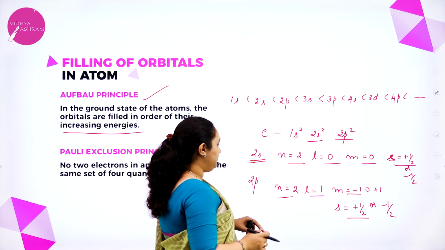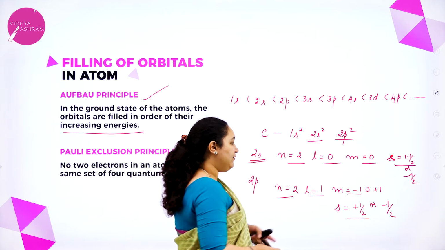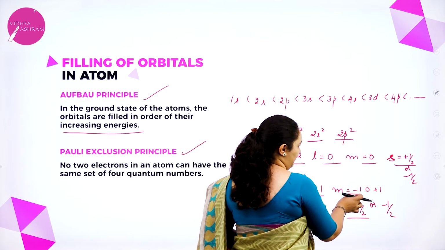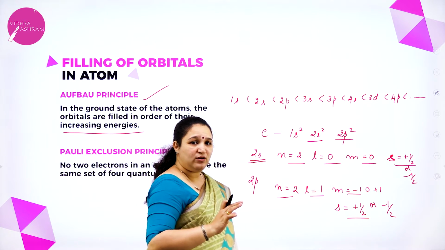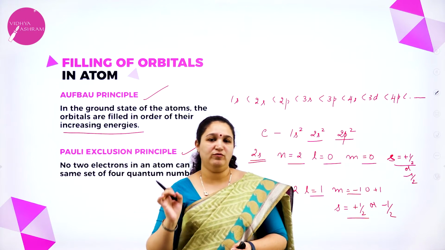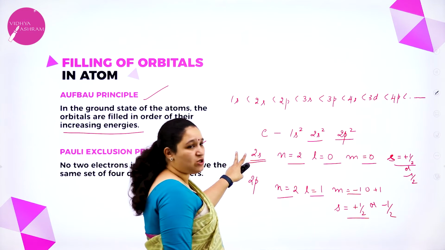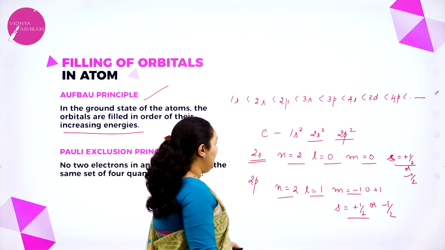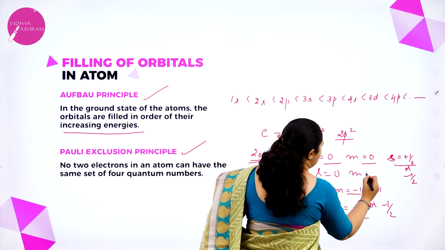If you see here, even if the n values are the same, the l values differ. Even if I consider the m value to be the same, then the s value will differ. So no 2 electrons in an atom can have the same set of quantum numbers. Even if I take 2 electrons in the 2s orbital only, they will have n equal to 2, l equal to 0, m equal to 0.